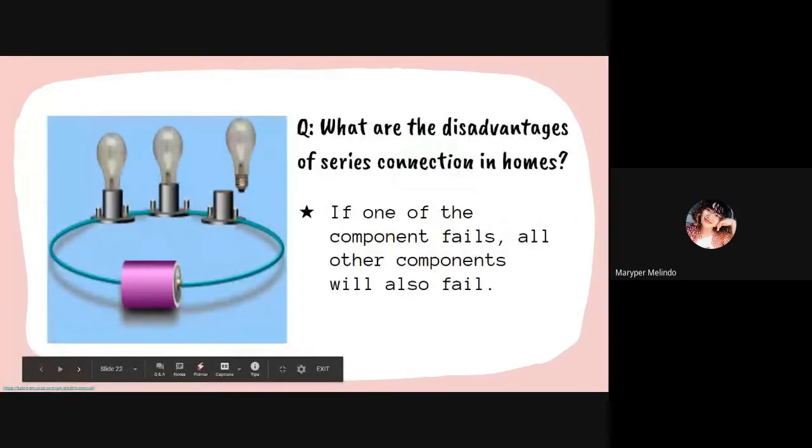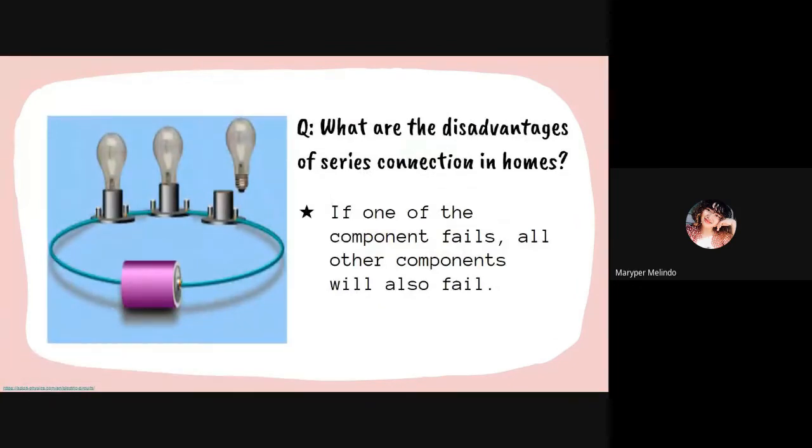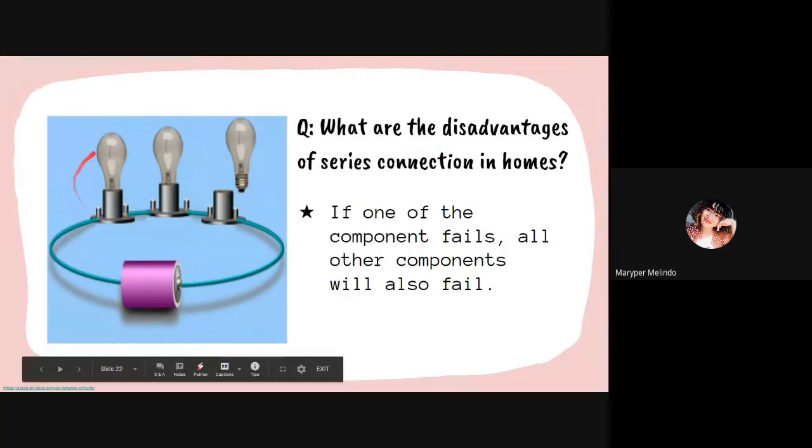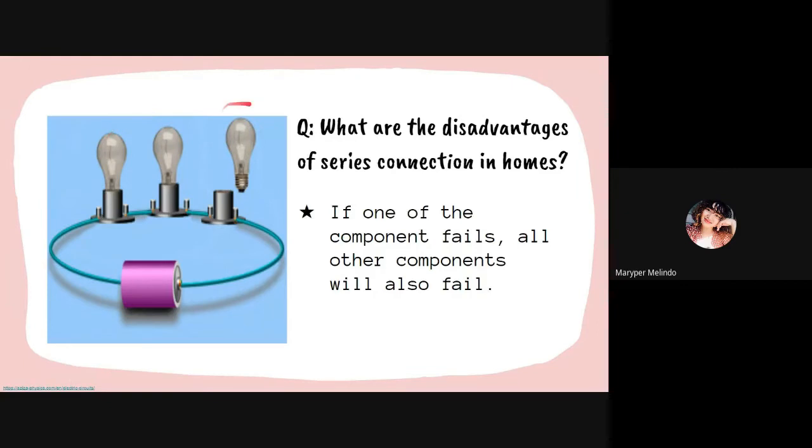Okay, so next is we have the disadvantages. Okay, ito na yung pinaka-disadvantage talaga niya. If you will observe here in this image, umiilaw silang lahat, but when we remove one bulb, the other bulbs also go out. Hindi na siya gumagana. So if one component fails, pag isa sa mga yan nag-fail, all the other components will also fail.